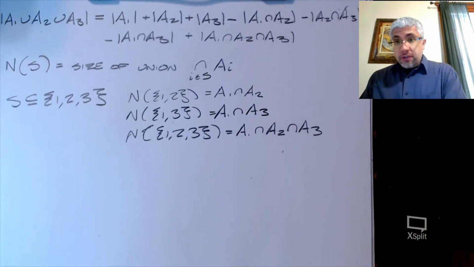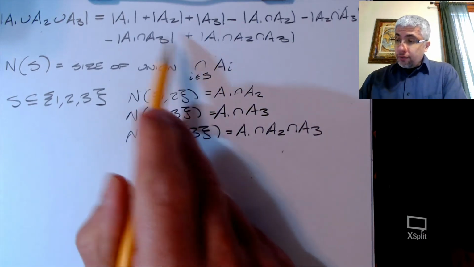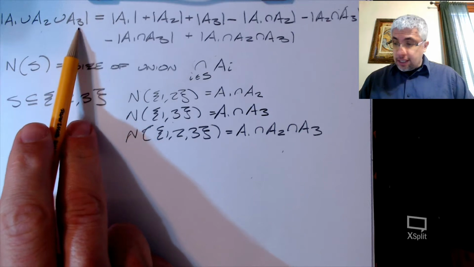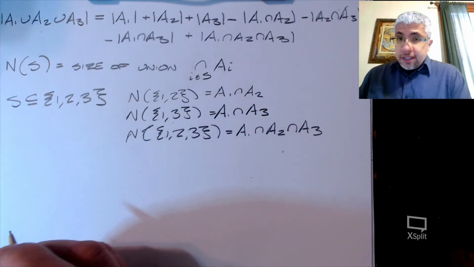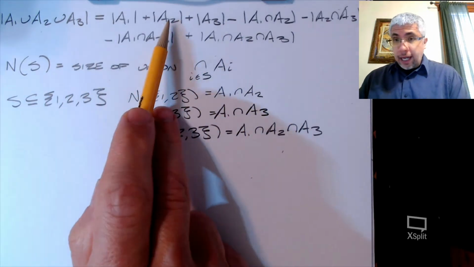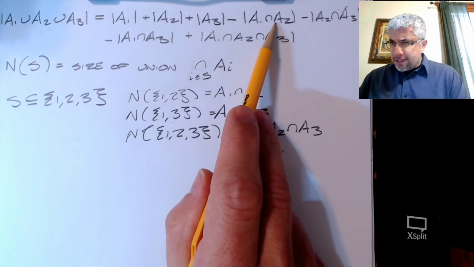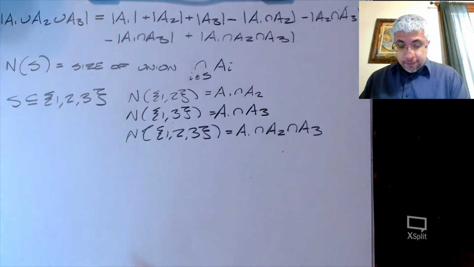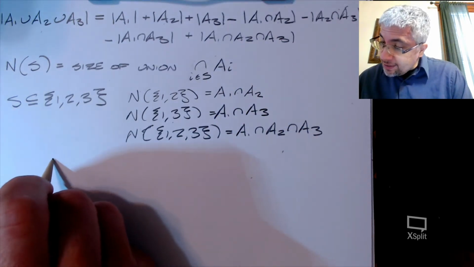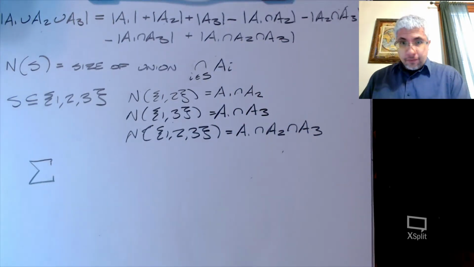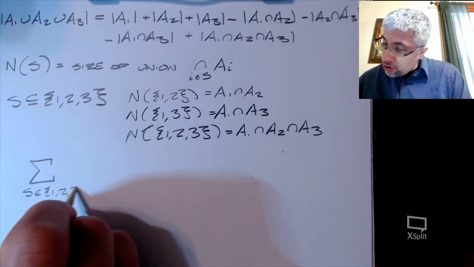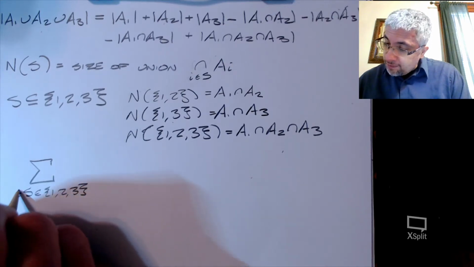Okay, so now I might have a better way of writing all of this down, because I can see what this union is. It's going to be all the subsets of size 1, we're adding. We're subtracting all the subsets of size 2, and we're adding all the subsets of size 3. So I want to express this as a single sum. I want to take all the sets S in {1, 2, 3} that are not empty.